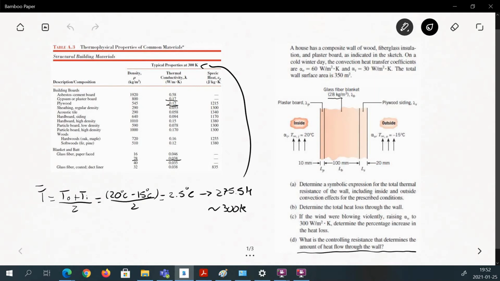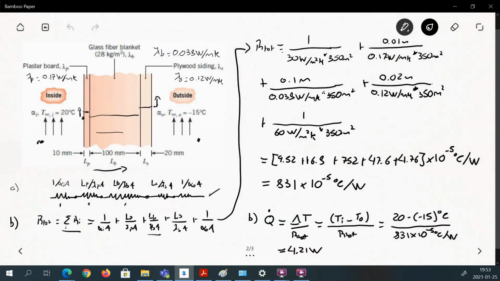We need to answer which is the controlling resistance that determines the amount of heat flow through the wall. To solve that, we need to go back to the expression that we developed for the total resistance and the values that we got here.